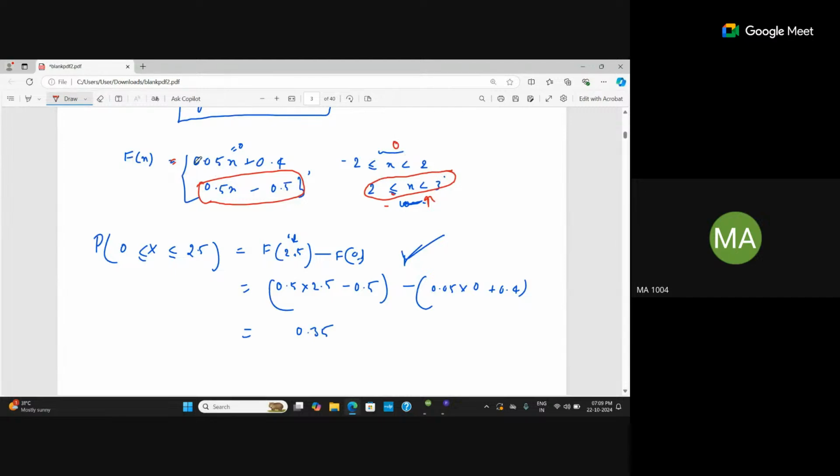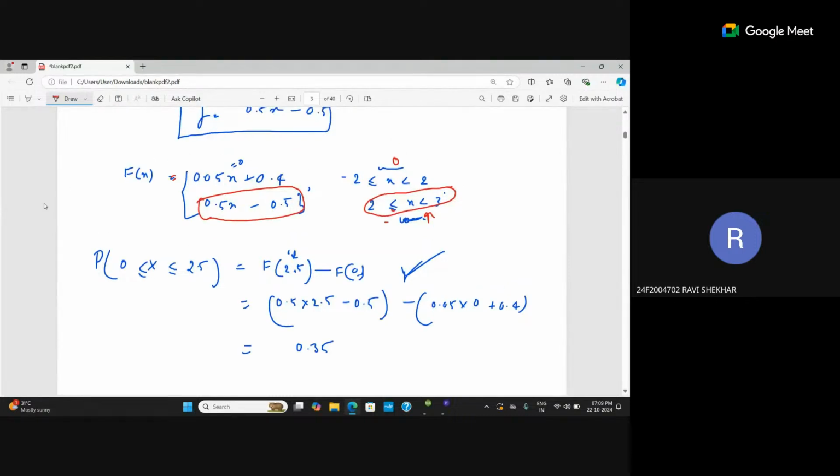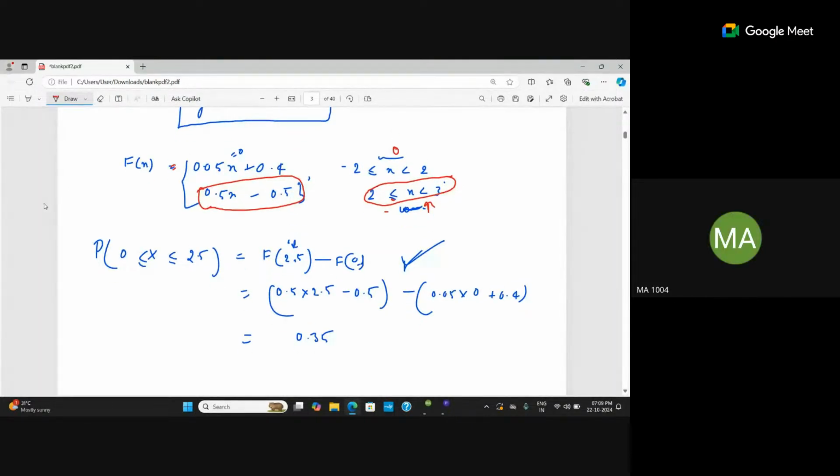So we have to find a different equation here, right? Correct, ma'am. Ma'am, the question is, when you say F of 2.5, what you are considering is that from 0 to 2.5 the equation is same, but it isn't actually. See what it is. So it is F of 2.5, which means CDF at point 2.5.